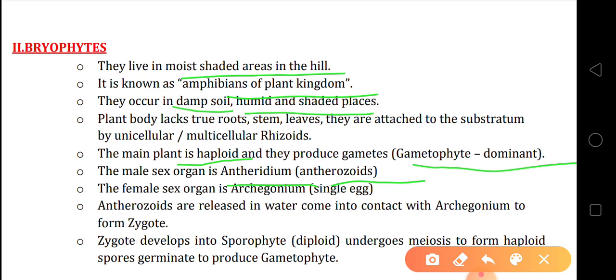The female sex organ is the archegonium and it releases a single egg.